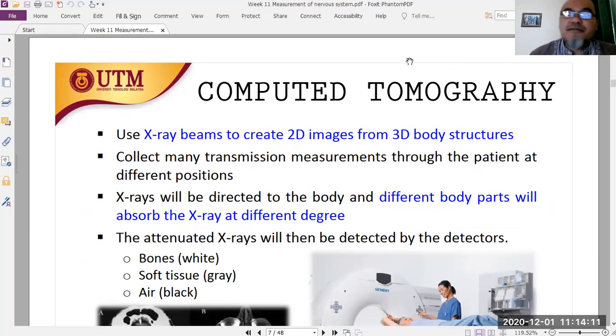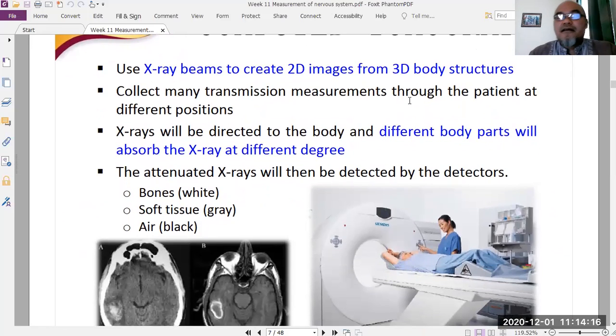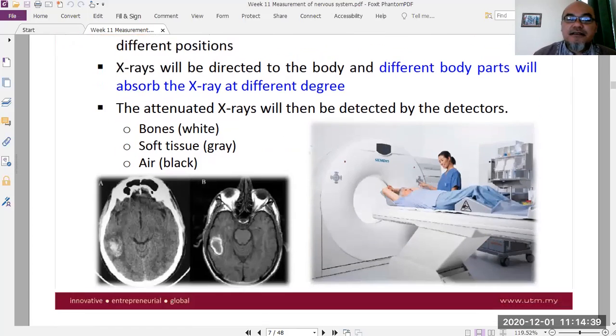X-ray beams create 2D images from the 3D body structure, collected from different angles. From there, it reconstructs the three-dimensional image of the body structure. So it collects many transmission measurements through the patient at different positions, and the X-ray is directed to the body. Different body parts absorb the X-ray to different degrees, and the attenuated X-ray is then detected by the detectors.